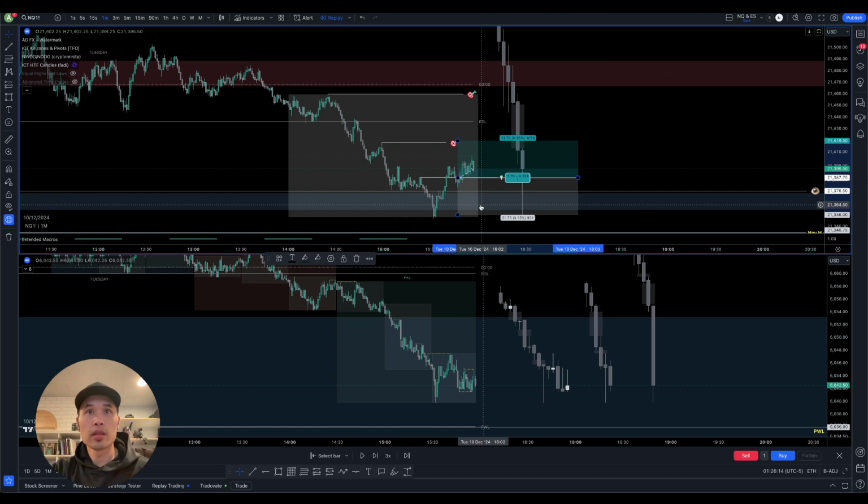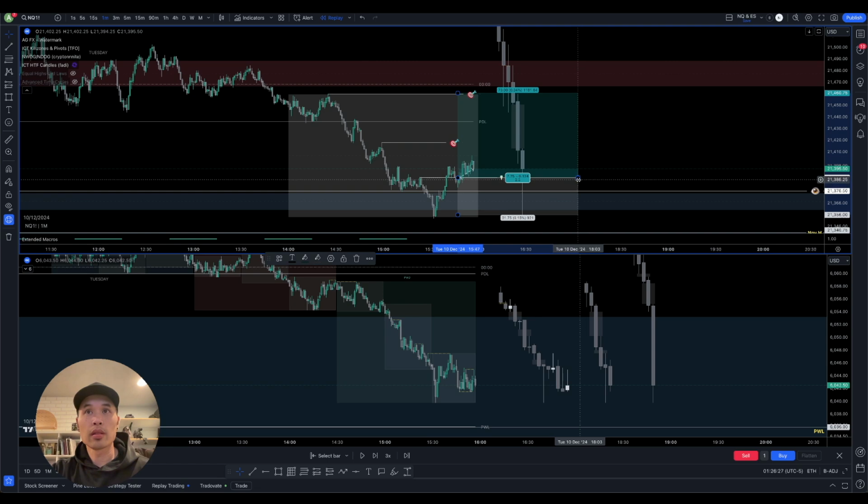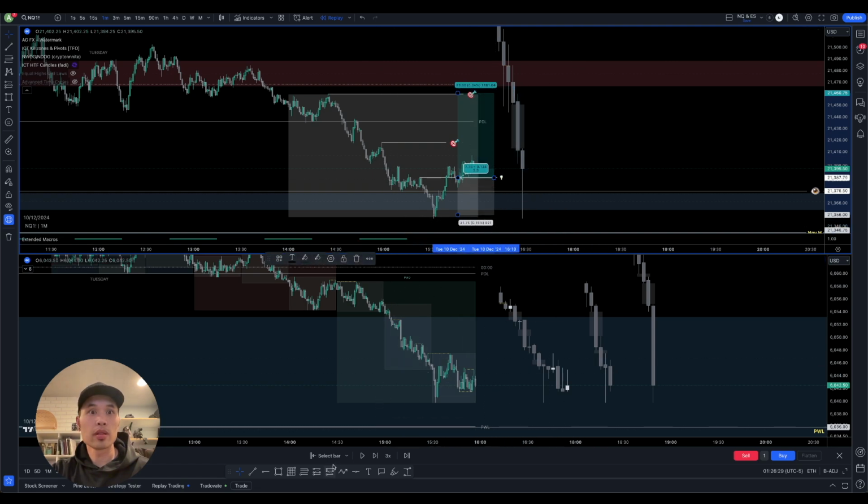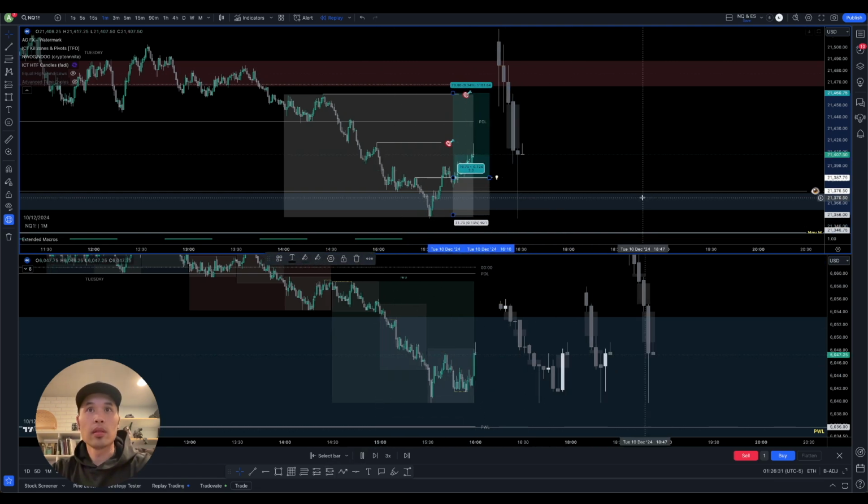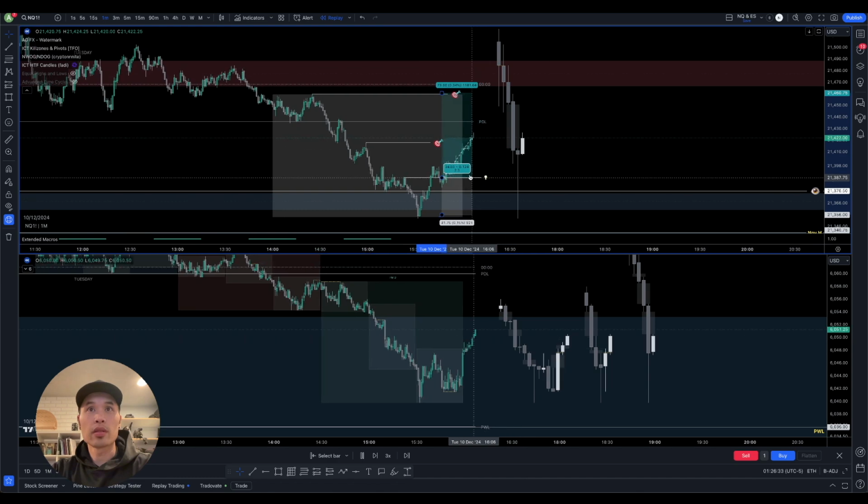Stop. See, we have some SMCs. No SMC, no SMC, no SMC. So that would just be at that low. That'd be like a 1-1 almost right there. Target here, which I don't think we hit, but let's see what hits. Let it play out. Okay, so there's target 1 right there.